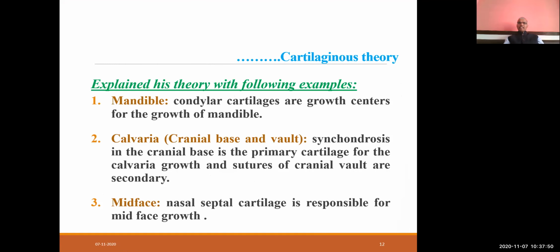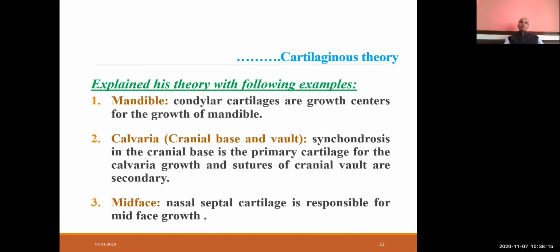He explained his theory with the following examples. In the mandible, the condylar cartilages are growth centers for the growth of the mandible. In the calvaria, that is the cranial base and wall, the synchondrosis, which is found at the base of the skull, is the primary cartilage for calvarial growth, and sutures of the cranial vault are secondary.